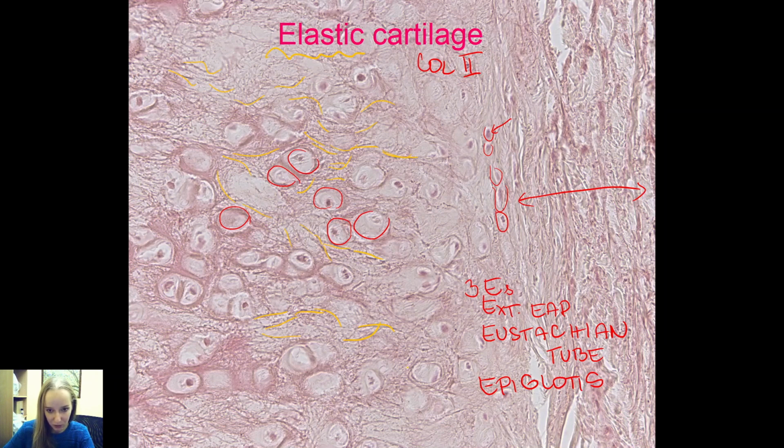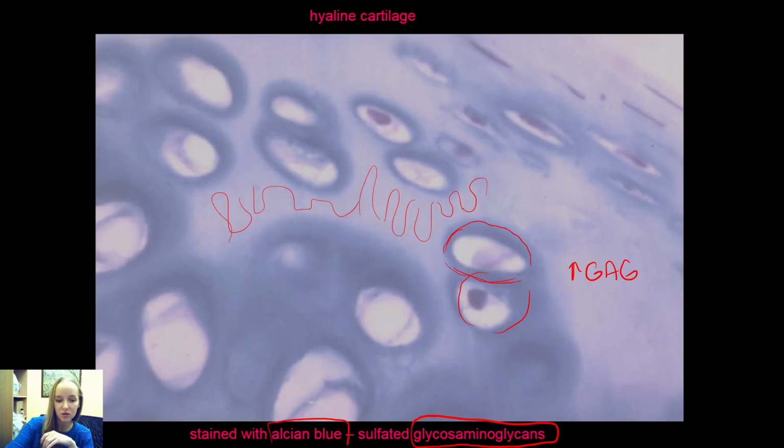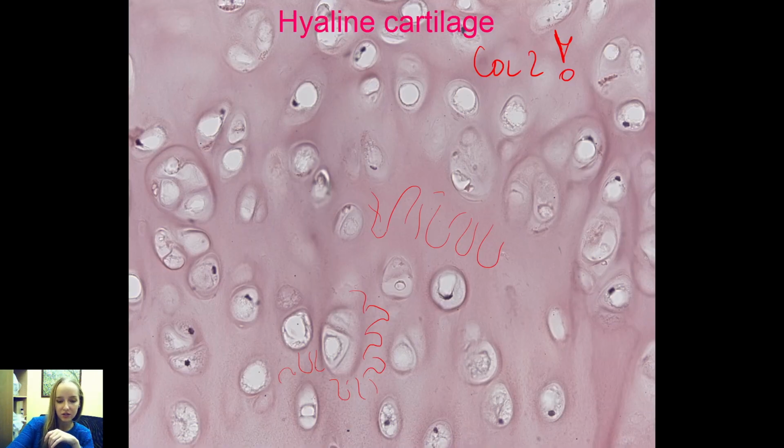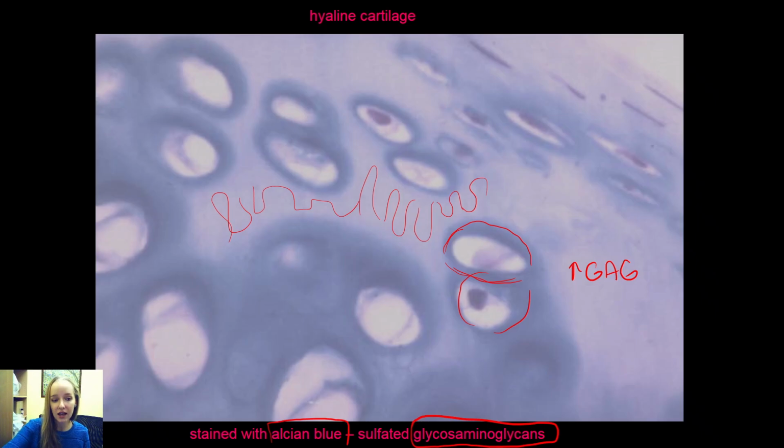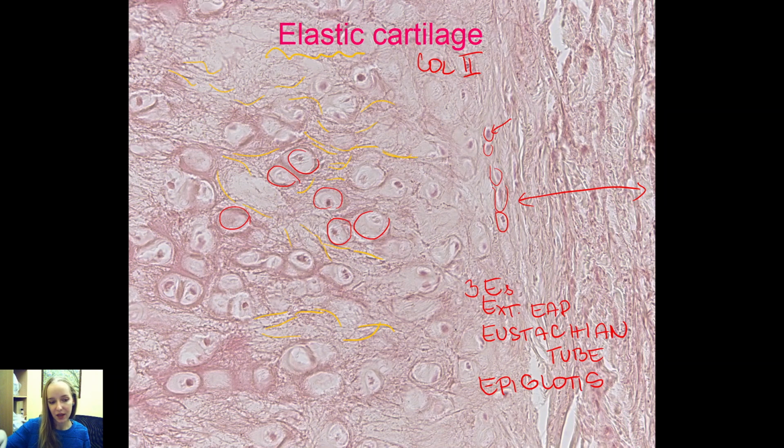When you look at it in general right now, there is less intercellular mass per cell number here. So it looks like there are more cells than intercellular mass. It's not actually like that, but it's different from the hyaline cartilage, as you saw before. So this was the hyaline cartilage. It looks like there is more intercellular mass between chondrocytes, and here in elastic there are more cells per intercellular mass.